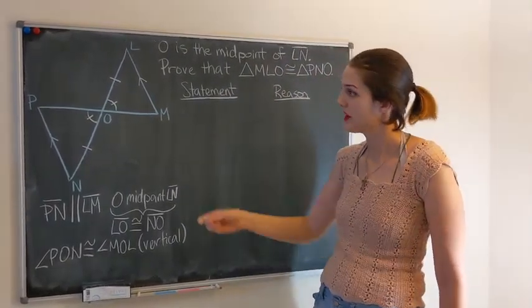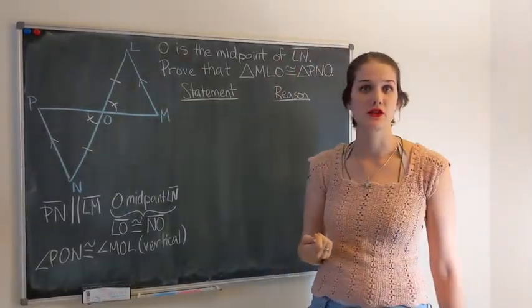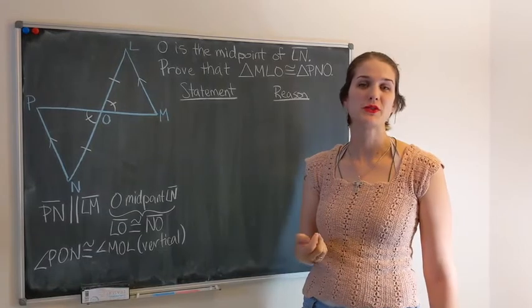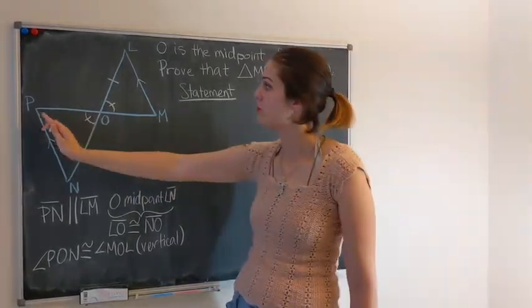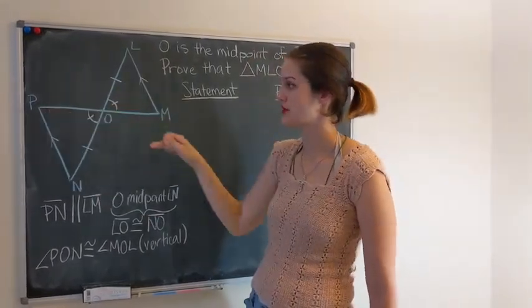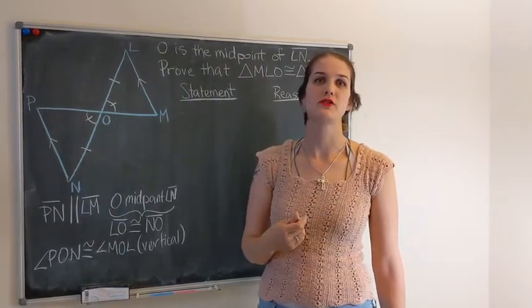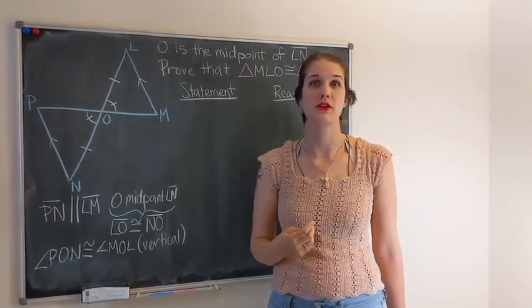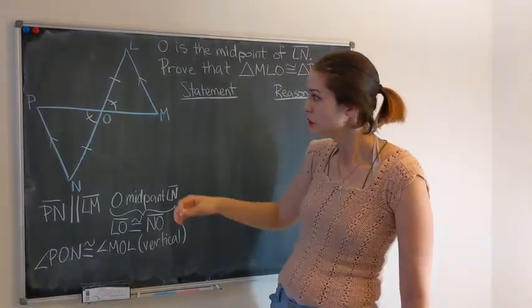Now we can use the fact that we have these two parallel lines to find some other pairs of congruent angles, because we have some alternate interior angle pairs formed by these two parallel lines and our two transversals. So which angles are going to be pairs of alternate interior angles that are therefore congruent? So we have a couple pairs here.